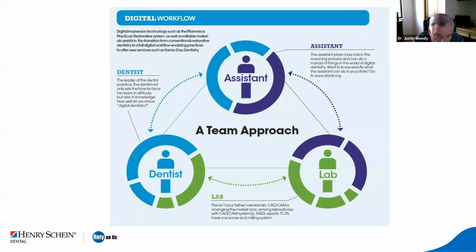I'm the most inefficient individual when it comes to coming into the office on an emergency on my own. So I would never discount the value of the dental assistant as it relates to our practice.